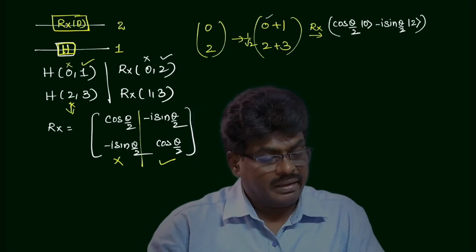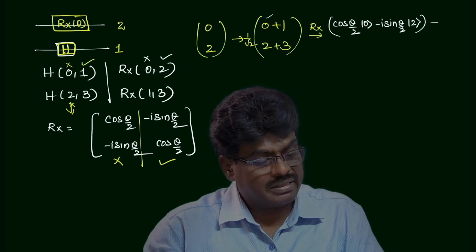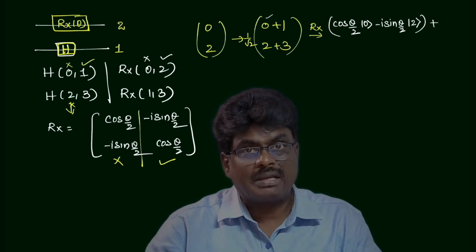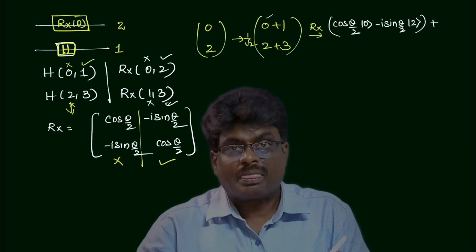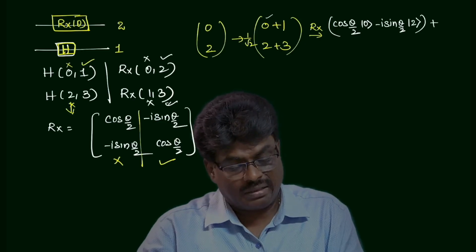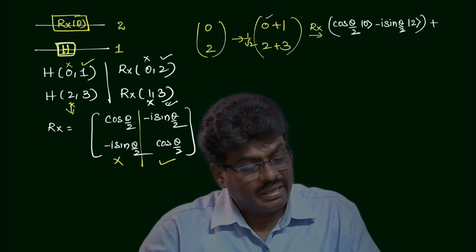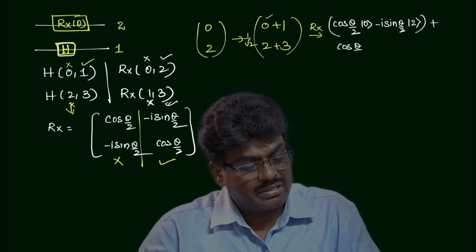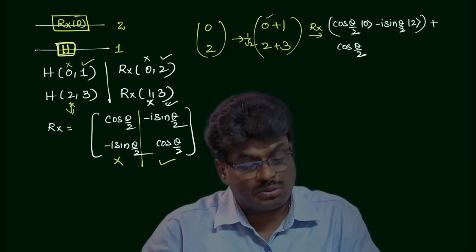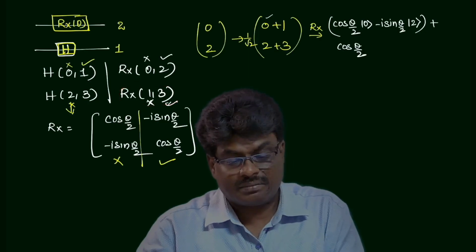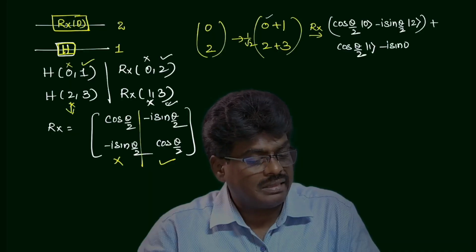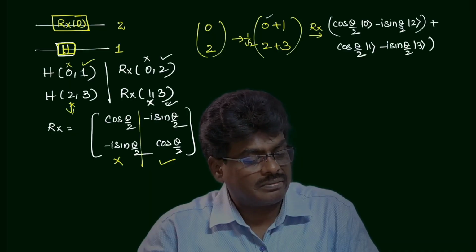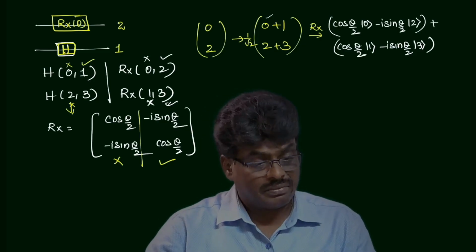Okay, and here I have no space, that's why I'm using plus here, this middle plus. Next 1. 1 is also in off state. Here see this first one, 1 here is off state. That's why the same thing, cos theta by 2, but it creates a superposition of 1 and 3. So cos theta by 2 1 minus i sin theta by 2 3. This is the first one actually.